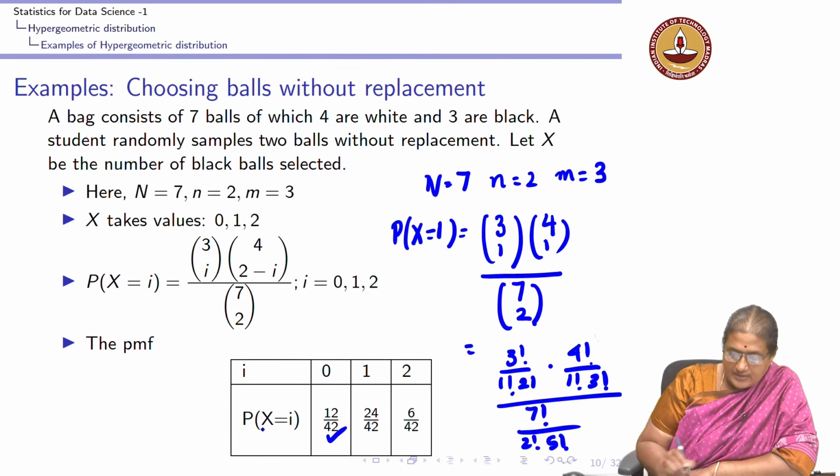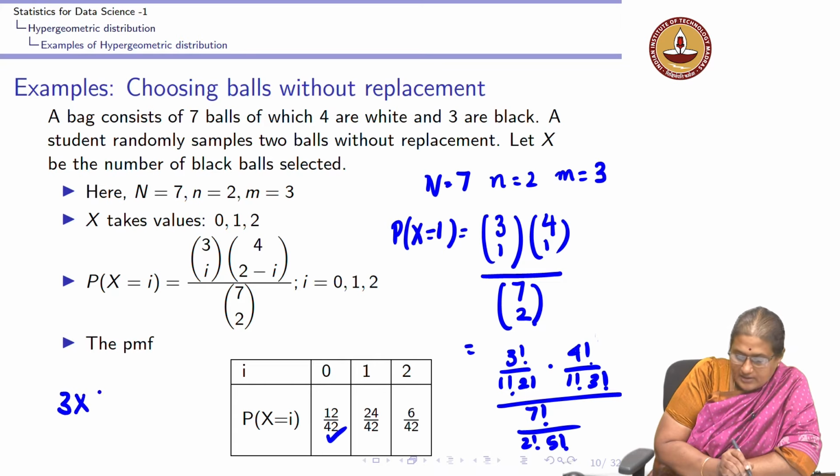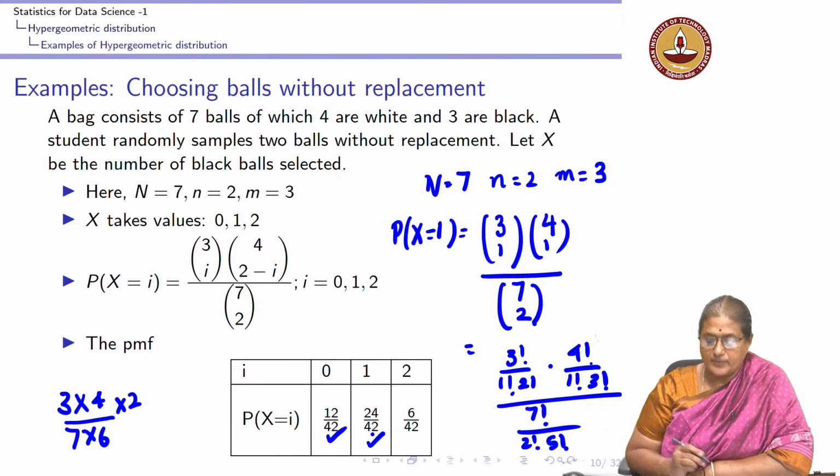So, I will get 3 into 4 divided by 7 into 6 into 2, which is 24 by 42.